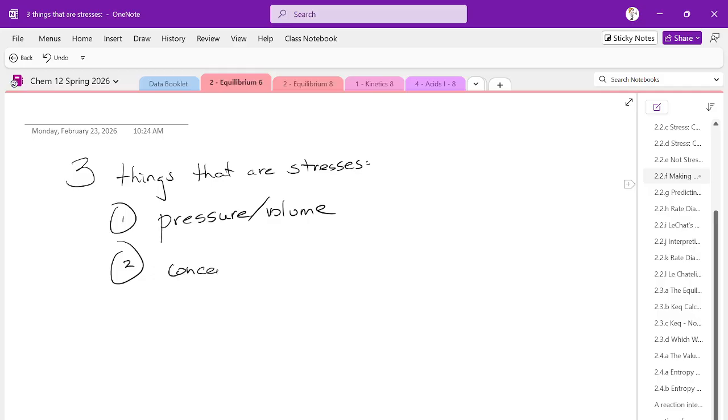Concentration. And the third thing, Isabella's not here. Eric. Temperature, yes. So we did the other 2 last week, and today we are going to do temperature. And of course, these are all changes: a change in pressure, a change in concentration, or a change in temperature.